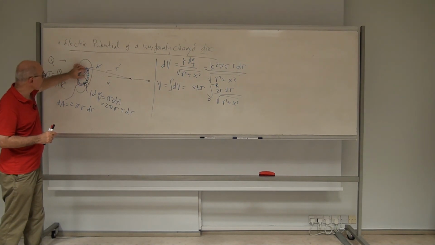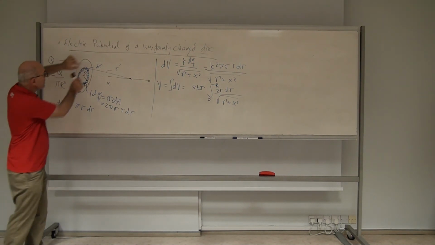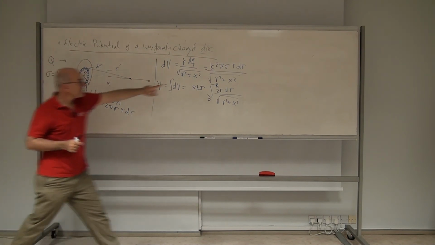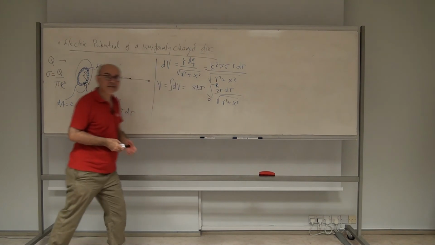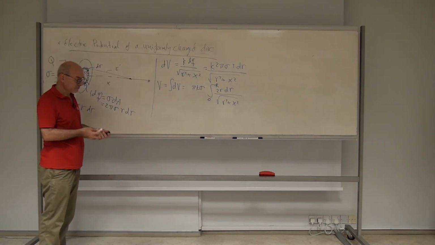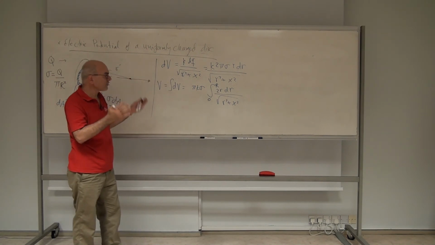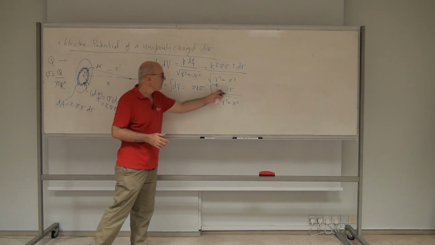The smallest of these rings has a radius 0, and the largest is just at the outer rim of the disk, which has a radius R. So this makes sense physically.